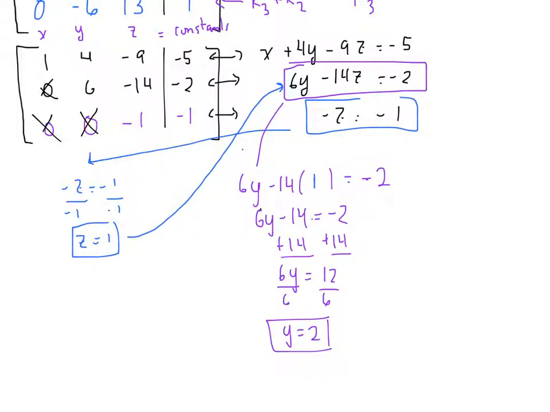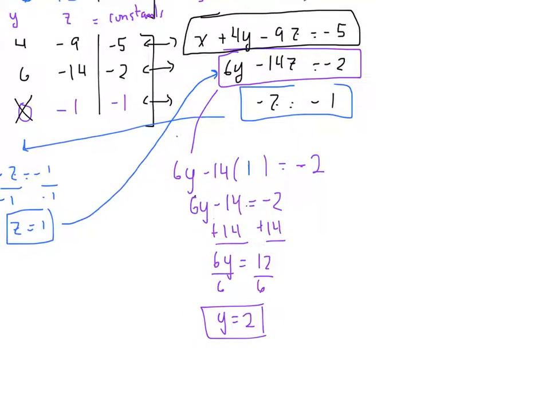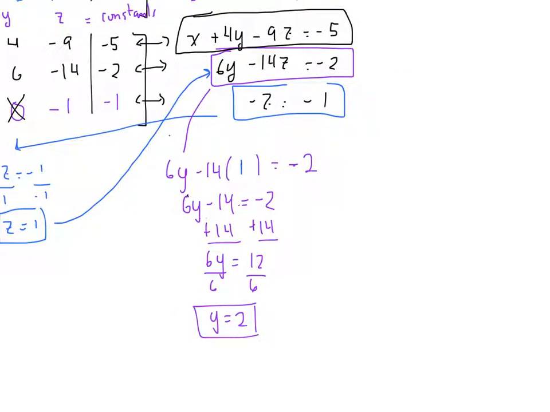So now I get to use the last equation, the big one, x plus 4y minus 9z equals negative 5. I can replace this z with a 1, because that's what it says right here, and I can replace this y with a 2, because that's what it says right there.